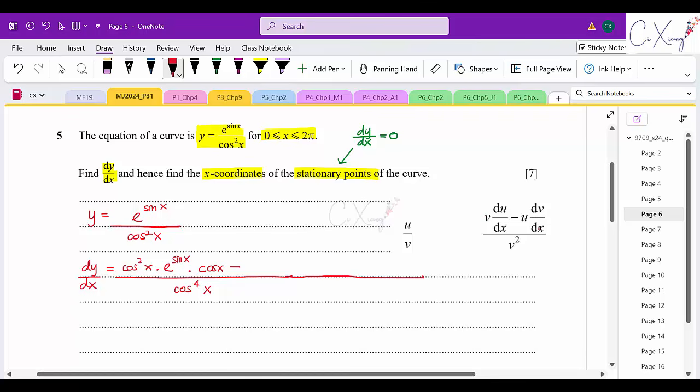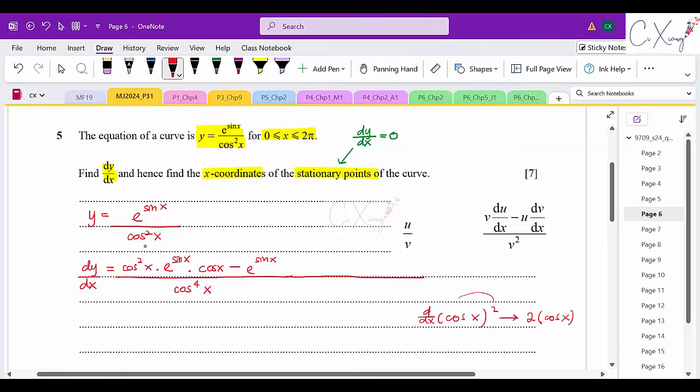For the second term, you copy the numerator, so I copy e power sine x. Then I differentiate the bottom, so I differentiate the denominator, cos square x. If you have cos square x, that means cos x squared. When you want to differentiate it, you need to pull the power in front, so it becomes a 2.